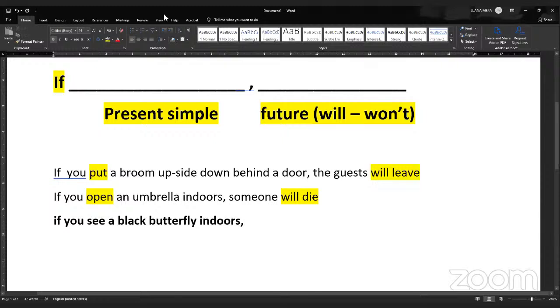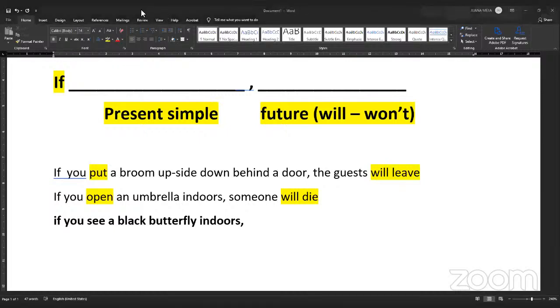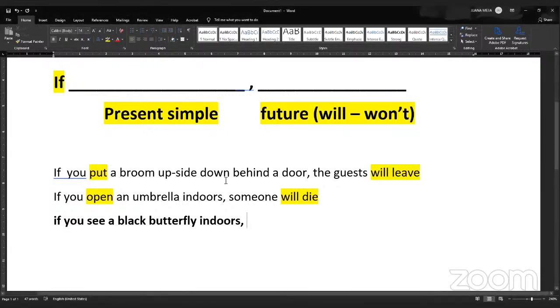It's the same because someone will die. Okay, it's almost the same. But the way I learned this superstition, the consequence is different from the previous one. Because in the second sentence, if you open an umbrella indoors, someone will die.